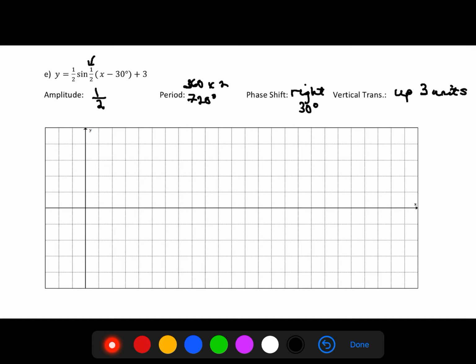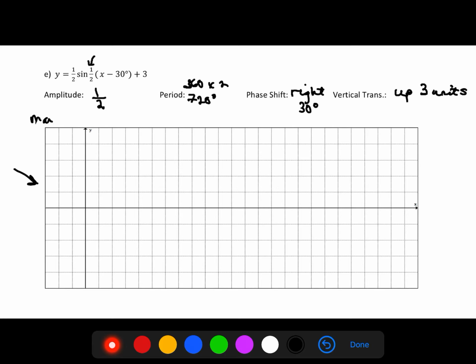So again, thinking about how we're going to scale this, and notice we have a different grid here. As I mentioned before, we don't have to show a lot of the left side if our full cycle is going to be on the right hand side. So we're going to label this, our amplitude is 1/2.